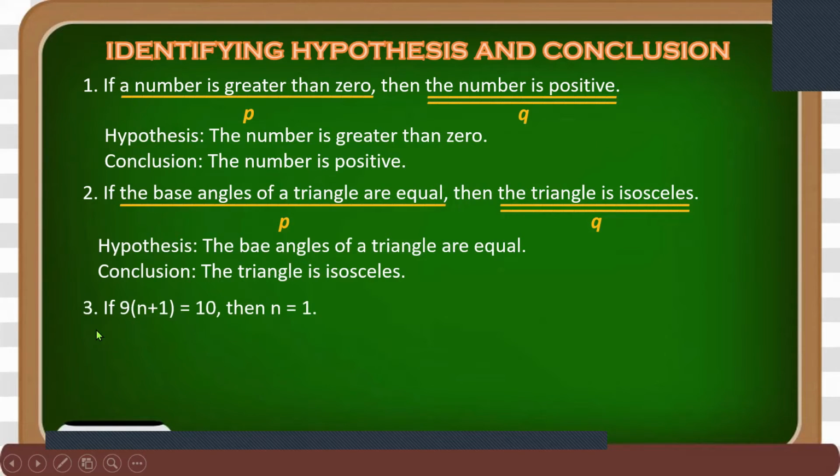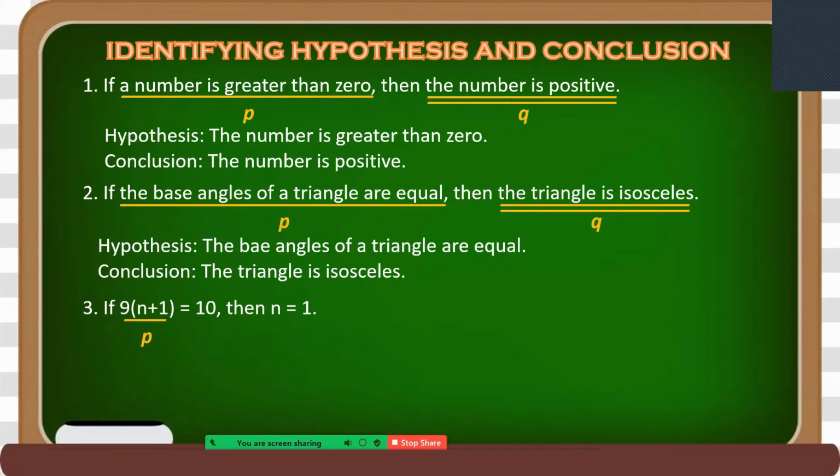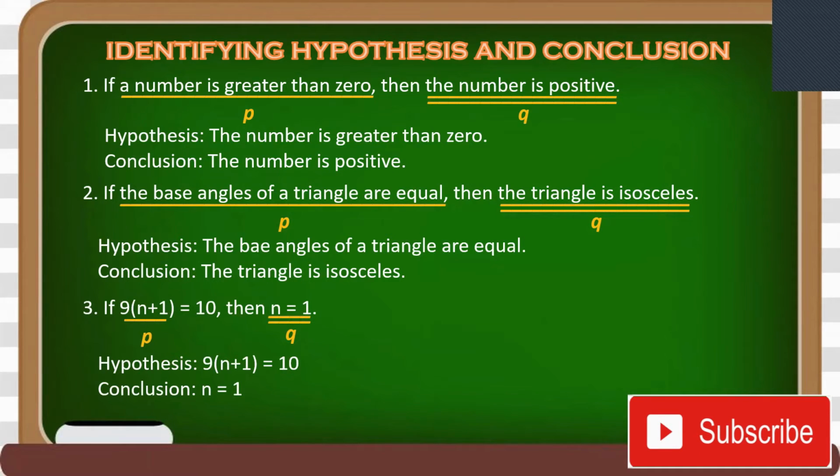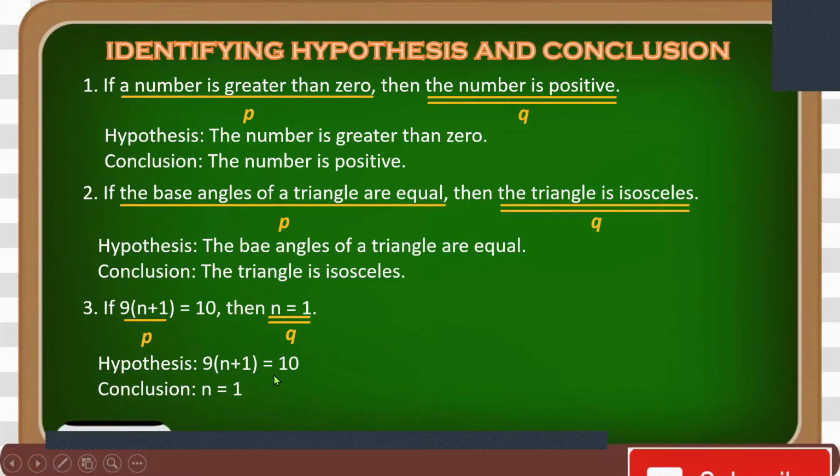For number 3, if 9 times n plus 1 is equal to 10, then n is equal to 1. Therefore, the hypothesis is 9 times n plus 1 is equal to 10, and our conclusion is n is equal to 1.